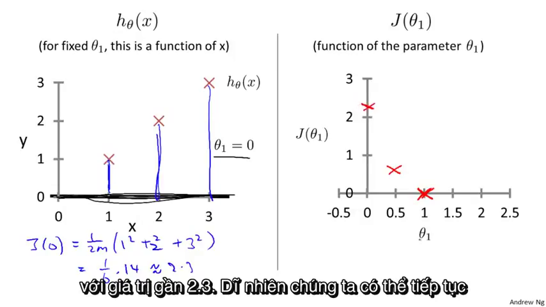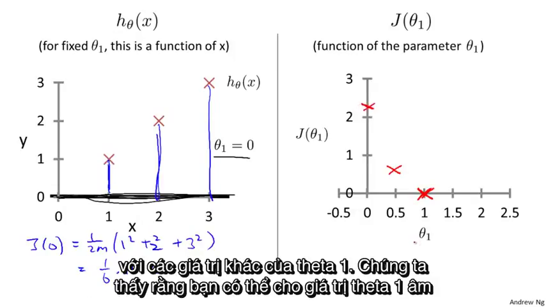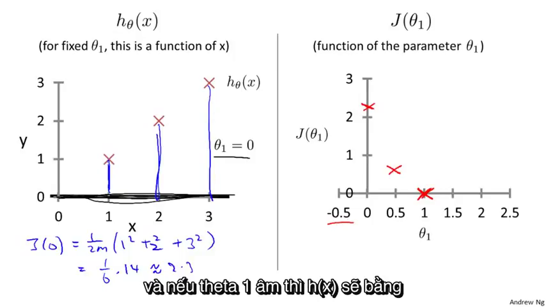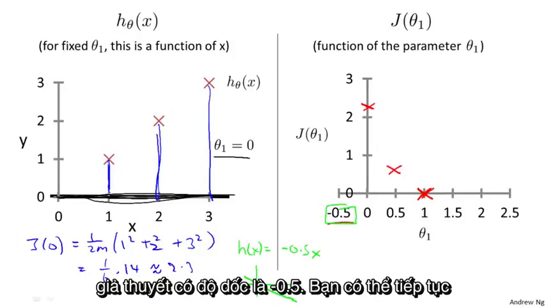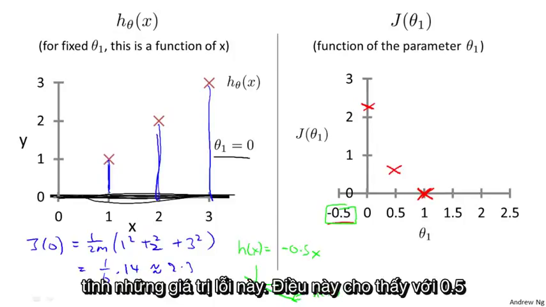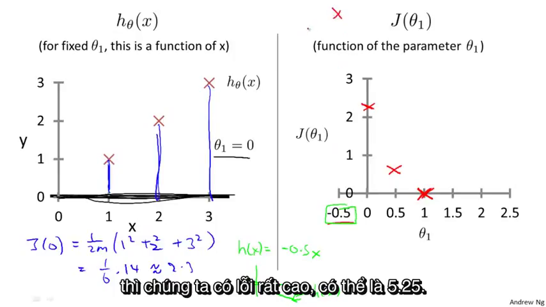And of course, we can keep on doing this for other values of theta 1. It turns out that you can have negative values of theta 1 as well. So if theta 1 is negative, say minus 0.5, then h of x would be equal to minus 0.5 times x, right? And so that corresponds to a hypothesis with a slope of negative 0.5. And you can actually keep on computing these errors. For minus 0.5, it turns out to be a really high error.